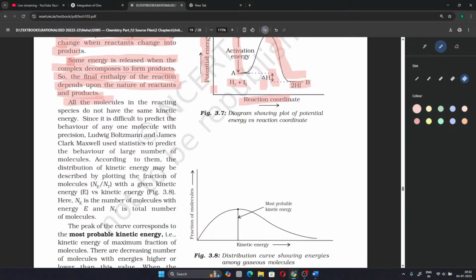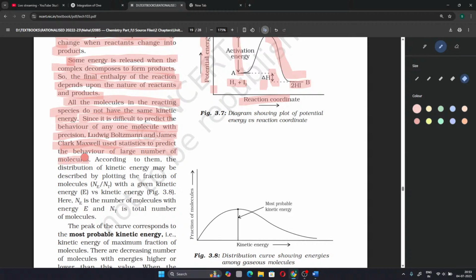All the molecules in the reacting species do not have the same kinetic energy. Since it is difficult to predict the behavior of any one molecule with precision, Ludwig Boltzmann and James Clerk Maxwell used statistics to predict the behavior of a large number of molecules.